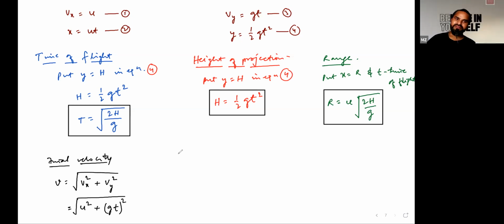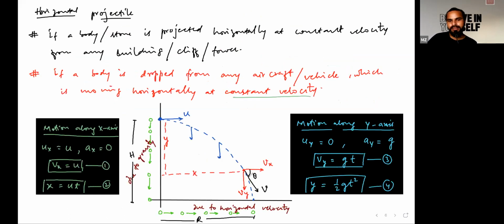The next term is to define angle, or they will call it direction. Just see in this diagram, this is your angle, which is in between the x component and this resultant. The x component will be treated as base and the y component as perpendicular.